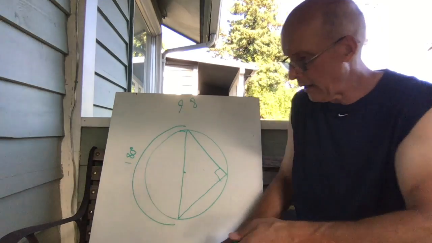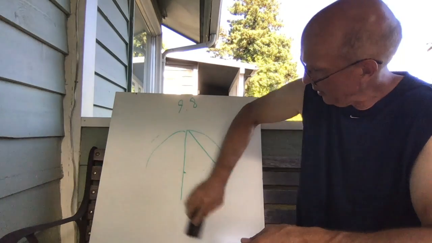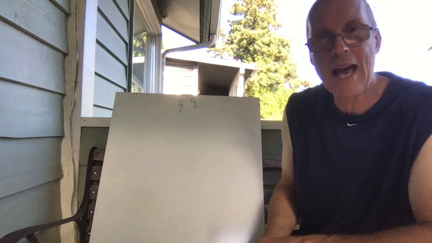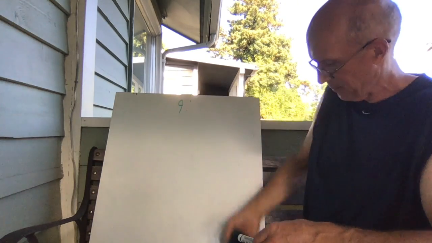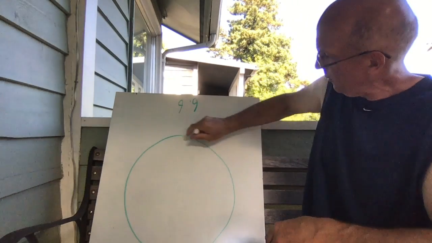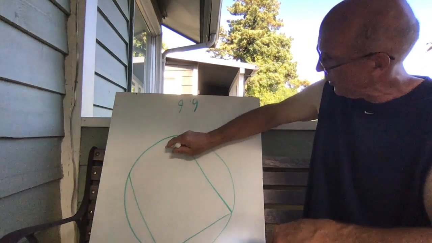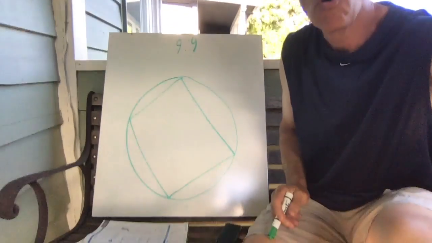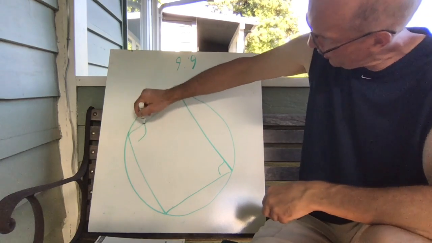If we did a quadrilateral, this is 9.9. So make a circle and put any old kind of quadrilateral you want. Well, what can you tell me about, for instance, this angle and this angle?